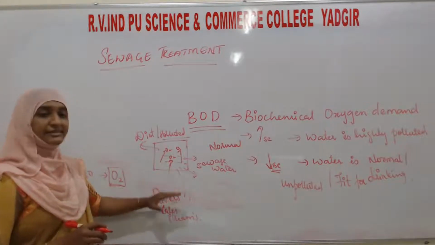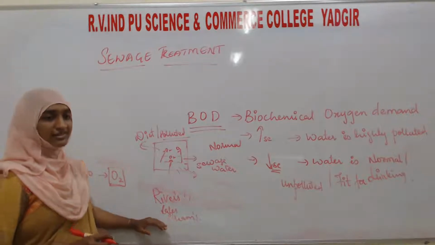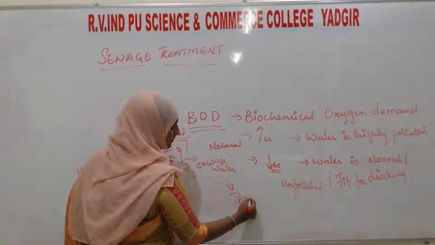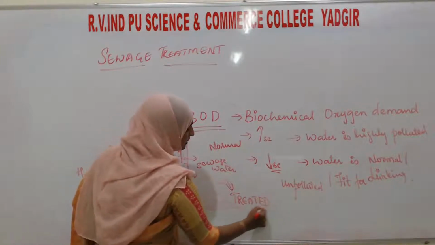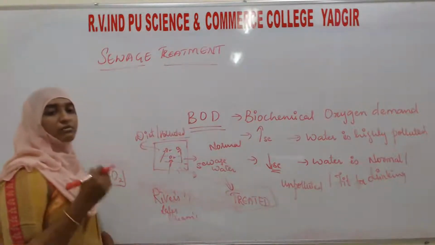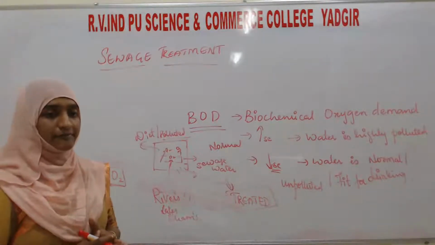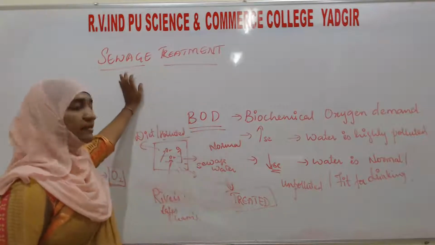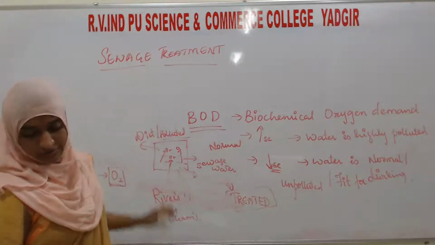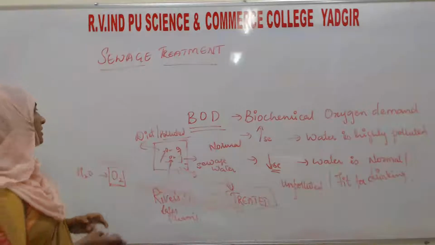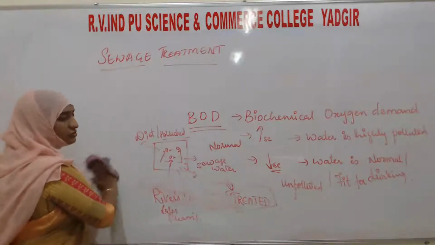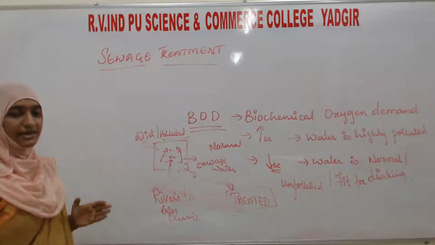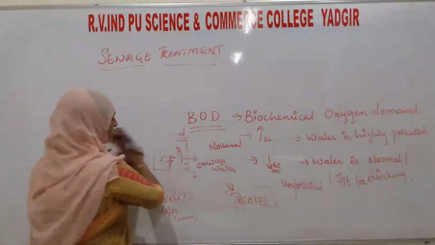So before releasing the sewage water into these water bodies, the sewage water has to be treated. It has to be treated by several steps, several methods. How this treatment is done, we will study in sewage treatment. Here the sewage treatment is divided into three treatments: primary, secondary, and tertiary treatment. Let's see here.